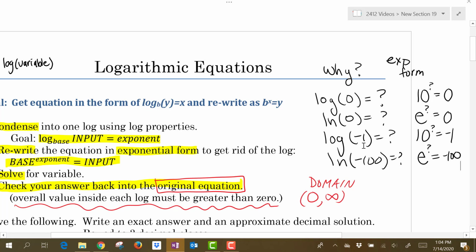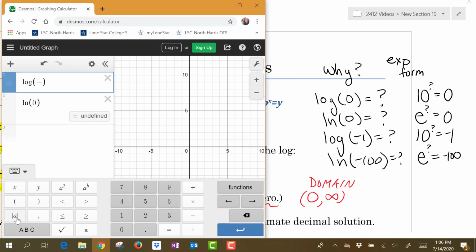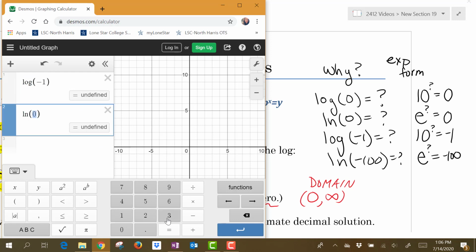So we're not allowed to have negative values or 0 inside of a log because there is no solution to those problems. If you were to go to Desmos and put -1 into that log, you would also get undefined. So any negative number inside of a log is going to yield no solution. In this case, Desmos says undefined, but it's not a solution.